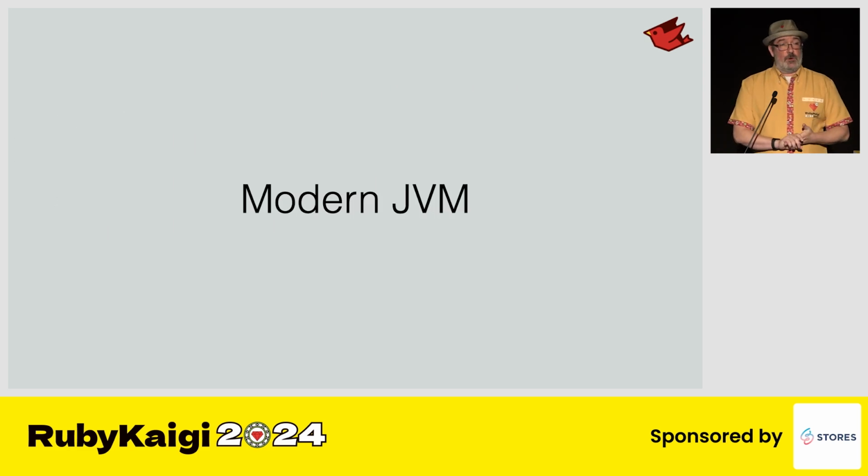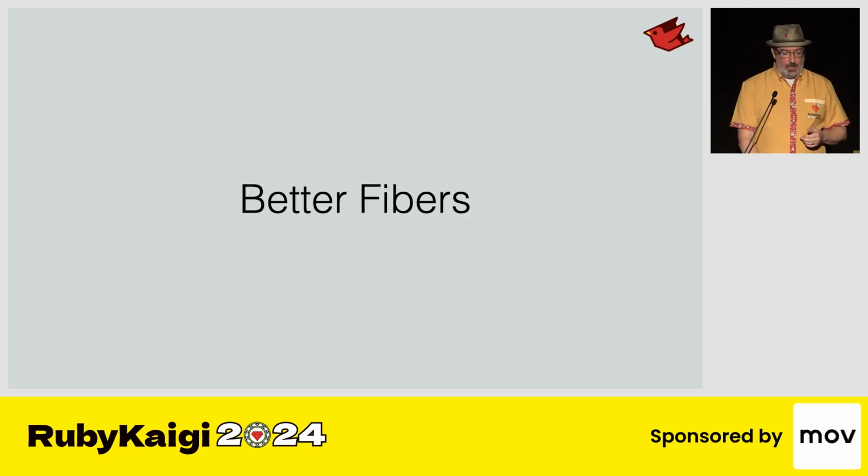So the other thing we're focusing on for JRuby 10 is to make better use of all the modern JVM features. I mentioned earlier that we're going to be supporting, as a minimum, Java 17 or possibly Java 21. One of the features that comes in Java 21 is much better fiber support.